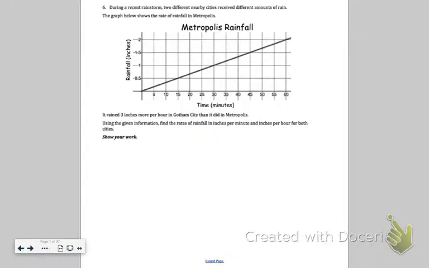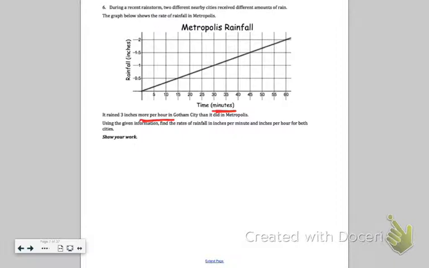Now, it's important to pay attention to units here because on my x-axis, I am given minutes. But in this sentence, they tell me Gotham City was 3 inches more per hour. So I need to find out first what Metropolis's rate in inches per hour is.